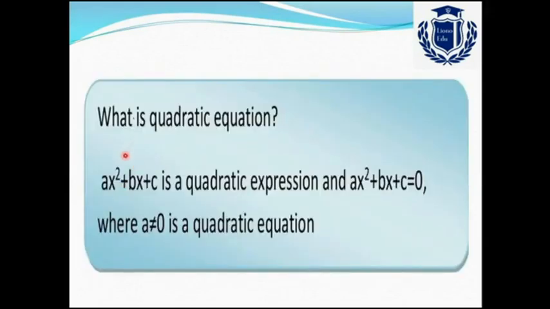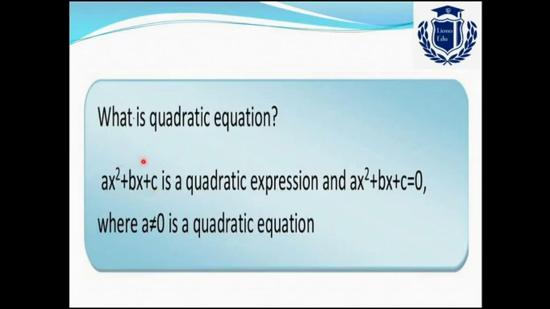So let us see what is meant by a quadratic equation. Before that, we should know what is meant by a quadratic expression. A quadratic expression is of the form ax square plus bx plus c.